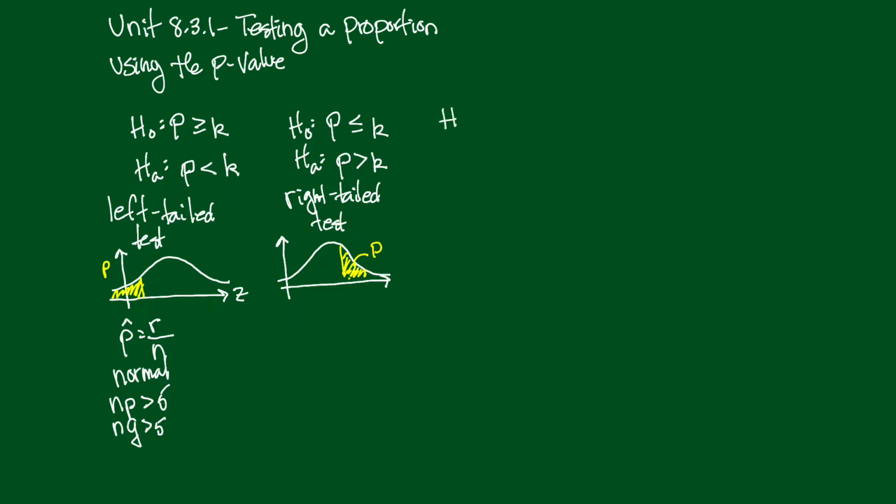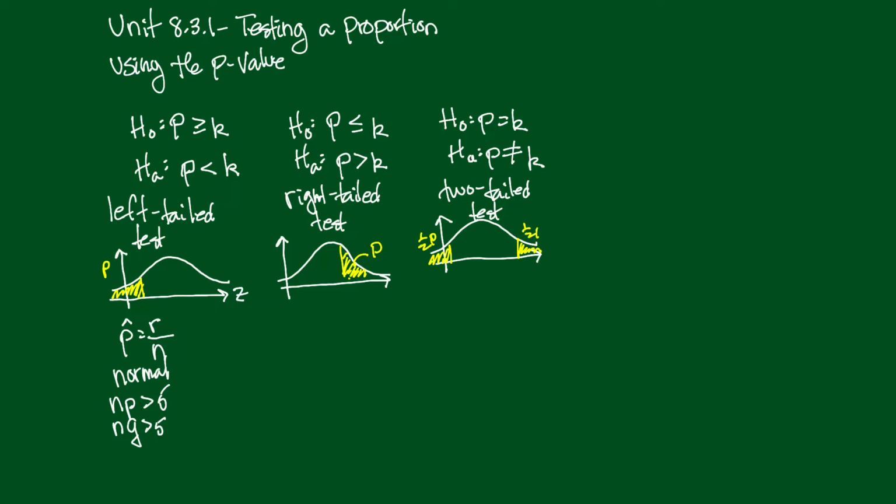And another test we could run, H naught p, H sub a p. Now, if we do a not equal to test, say it's not equal to some number, well, the opposite of not equal to, this is where we would actually use the equal sign. So this is a two-tailed test, and then what our p-value turns out to be is that I get half of the p-value over on the left, half of the p-value over here on the right.